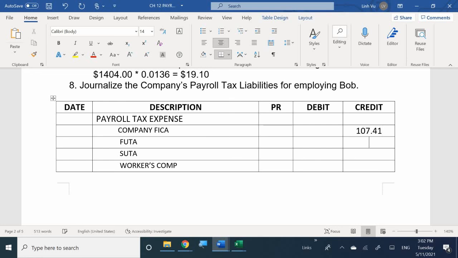How much was the FUTA? 84.24. How much was SUTA? 42.12. And then how much was workers' compensation? 19.10.